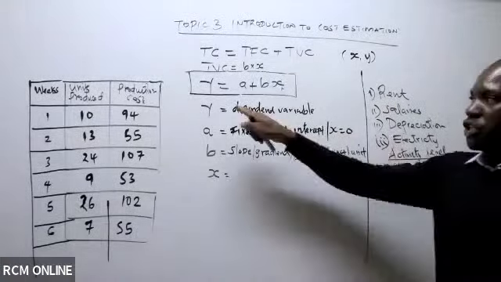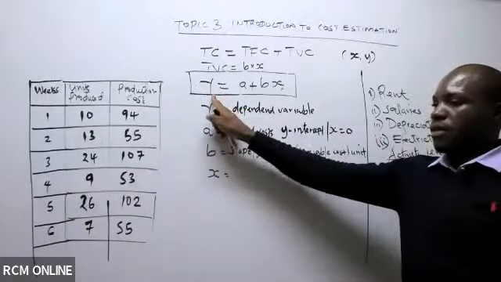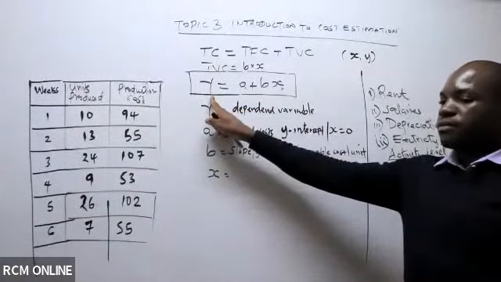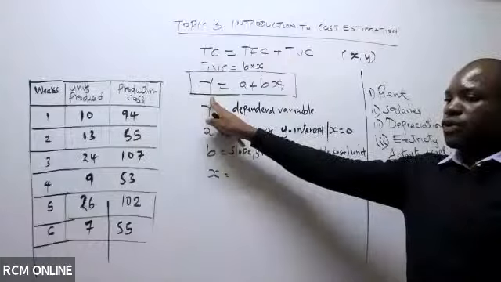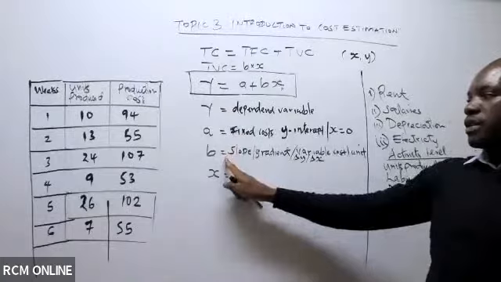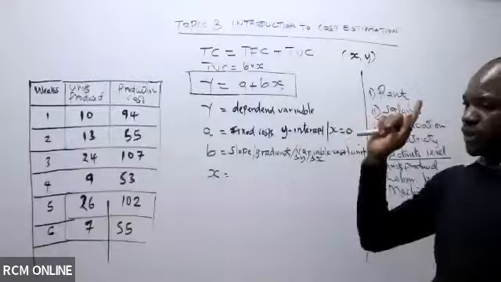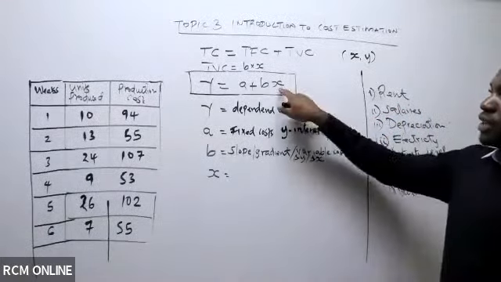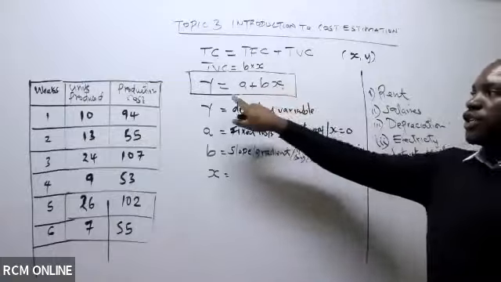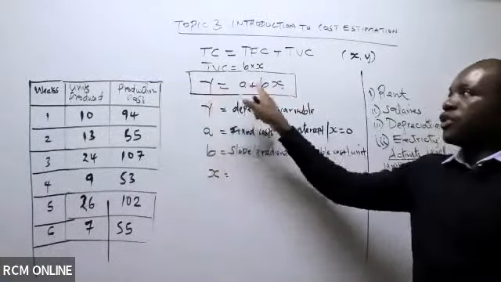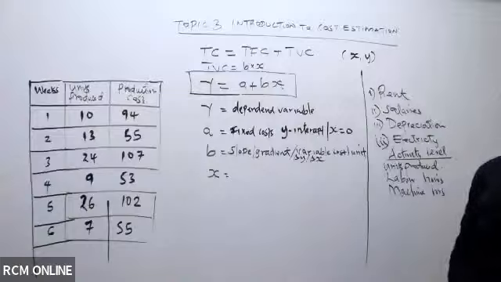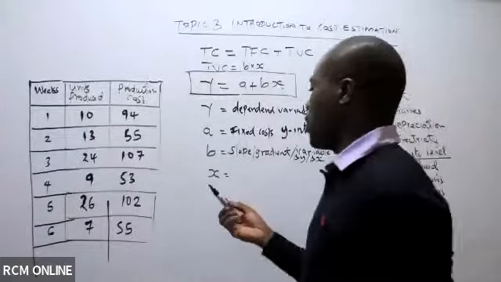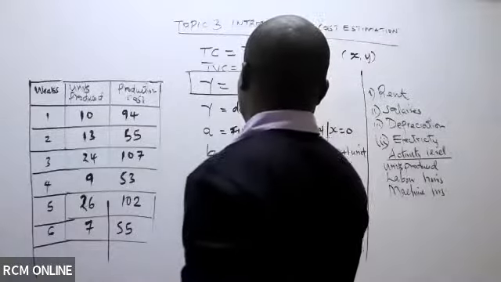If we want to see changes in y, what will make it change? Keeping in mind that variable cost per unit is constant, it is x. So changes in x will lead to changes in y. This x here, that's why we are now giving it a special name called independent.